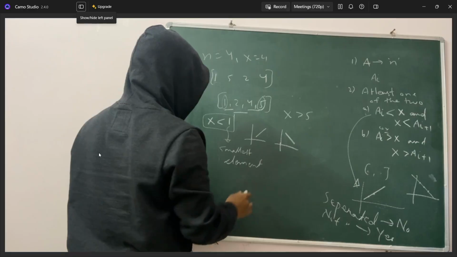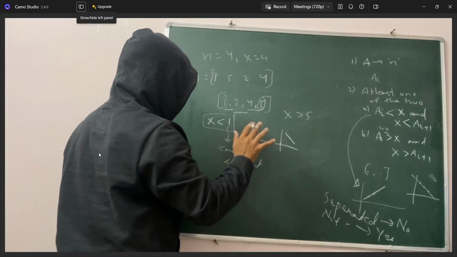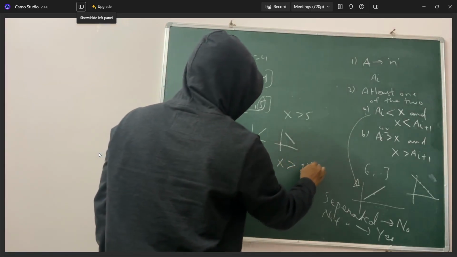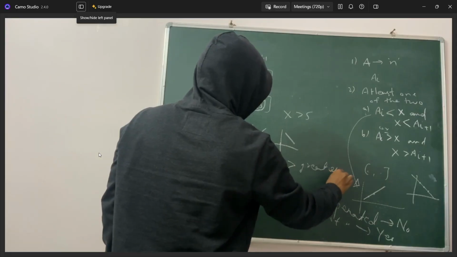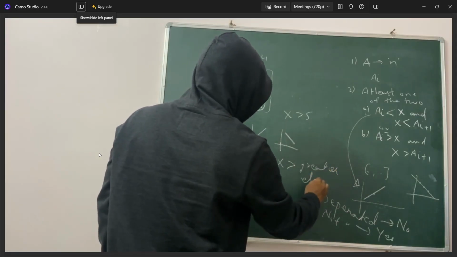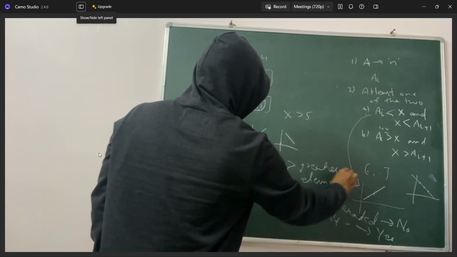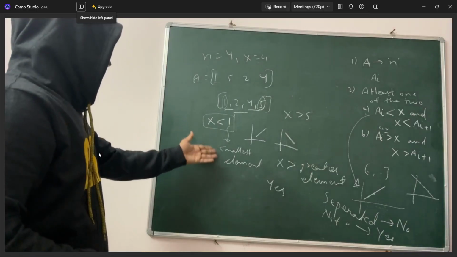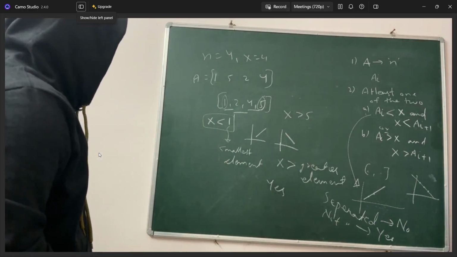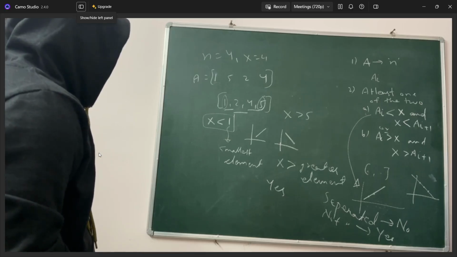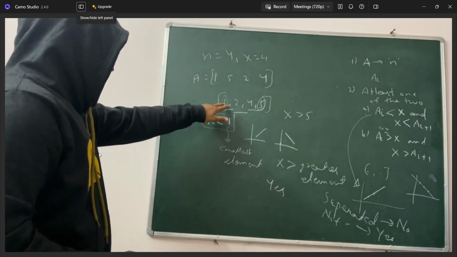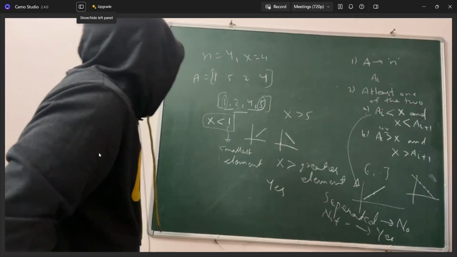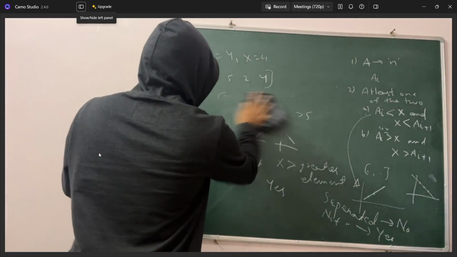Okay, sloping conditions, I think you're getting. So if x is greater than the greatest element, then your answer is yes, because it is not separated. If it is smaller than, again it is yes. Okay, understood. Two observations were made: if it was smaller than and if it was greater than. Got it. These two observations, let's keep in mind.